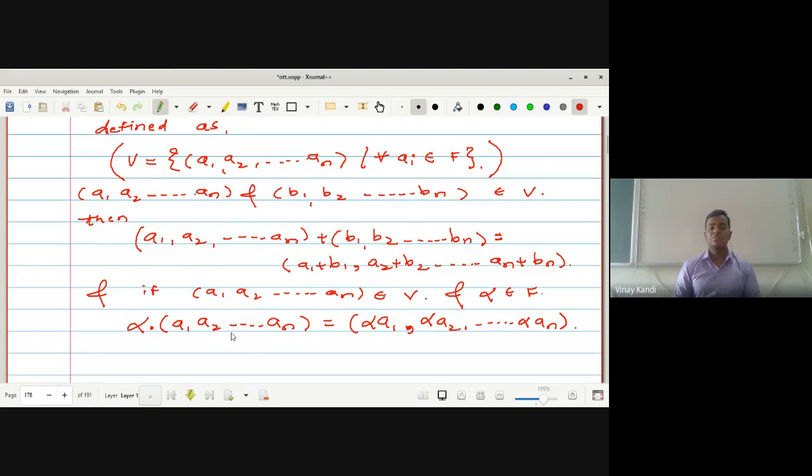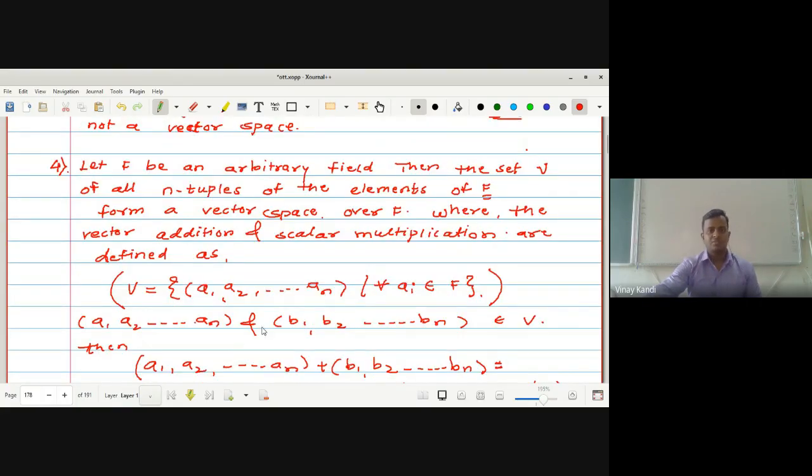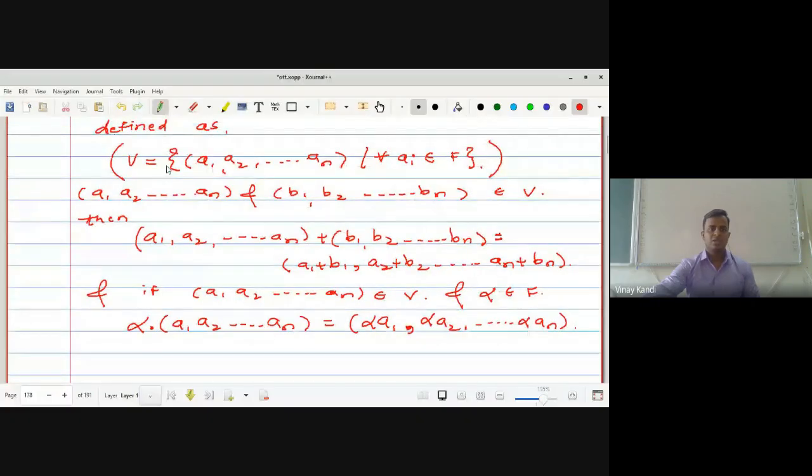So this is the scalar multiplication on set V. If you define these two operations like this, the usual addition of two vectors and scalar multiplication of a vector, then it forms a vector space. So this set V over the field F is a vector space. Any doubt?